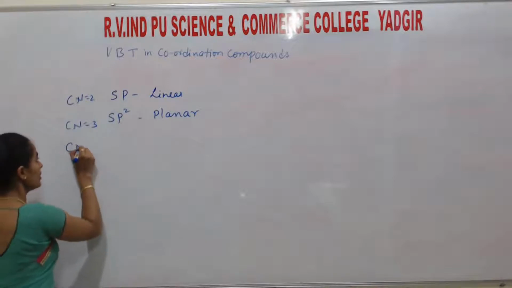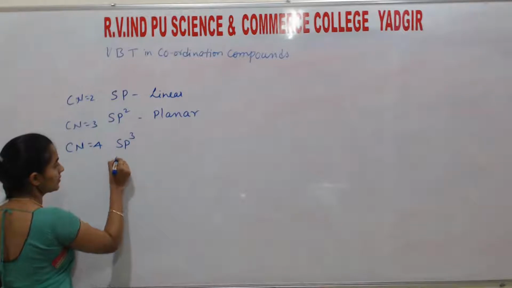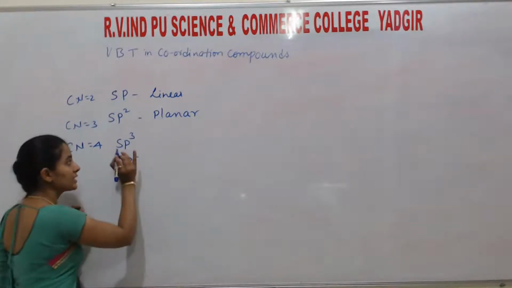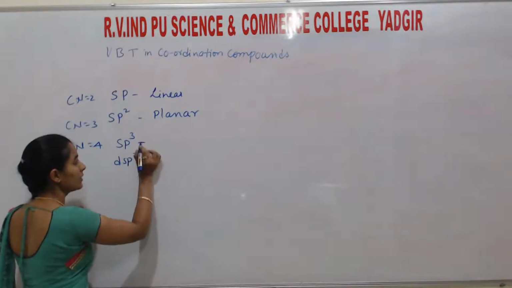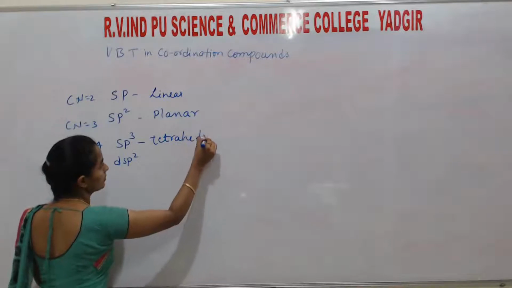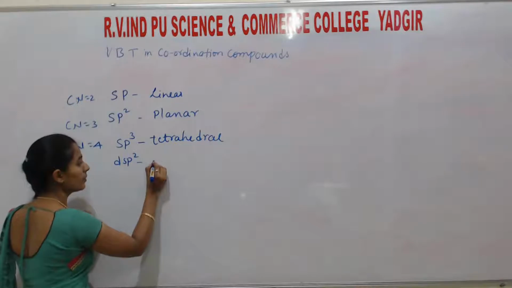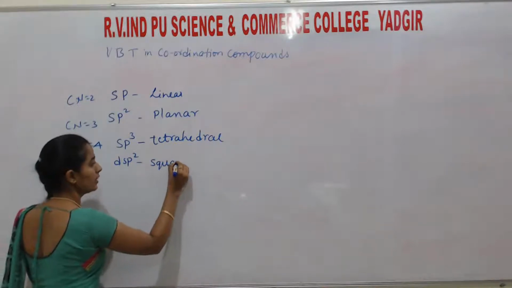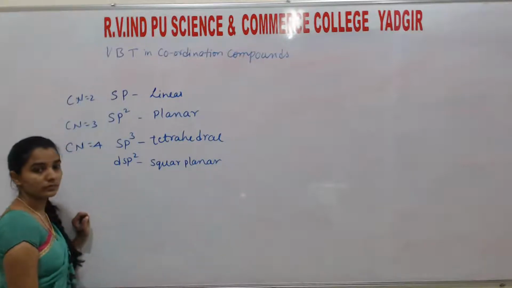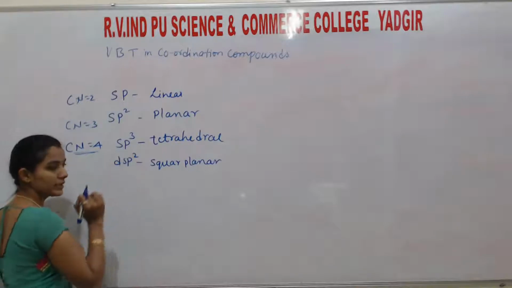Coordination number 4 means two types of hybridization are possible, sp3 and dsp2. If sp3 hybridization is there, then it is tetrahedral structure. Dsp2 hybridization means square planar structure. This is for coordination number 4, sp3 and dsp2.